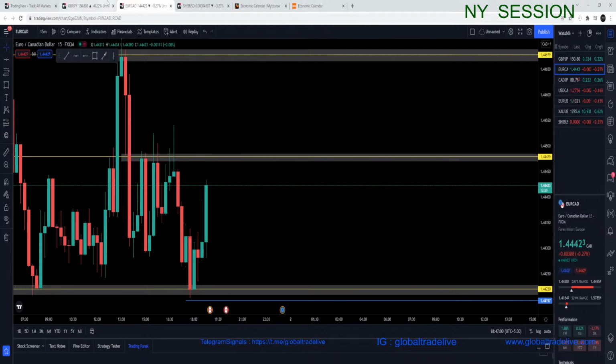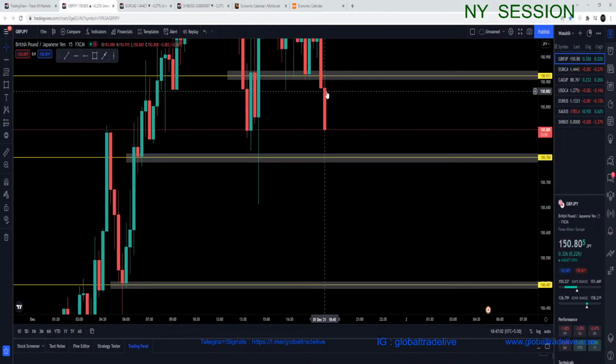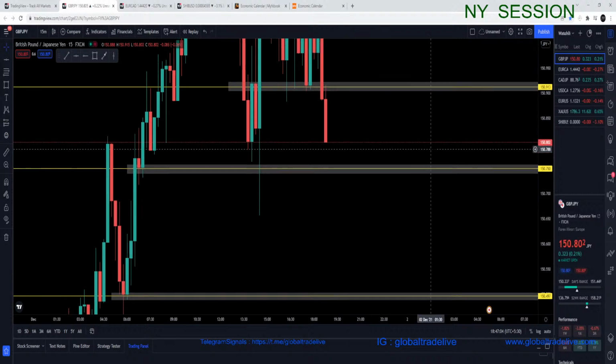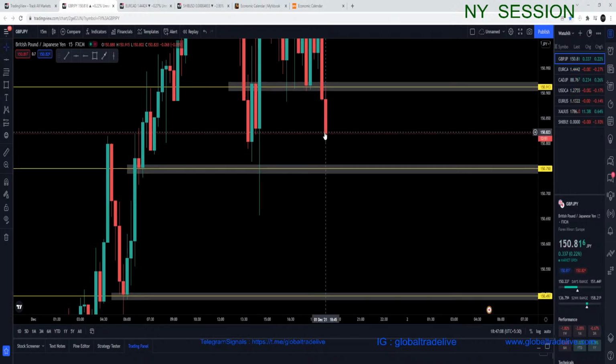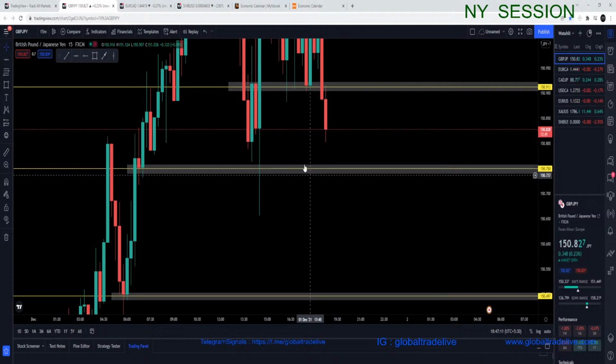Okay, everybody. So over here, GBPJPY is now heading down. The way it's moving right now clearly shows that there is a lot of volume inside the market right now.